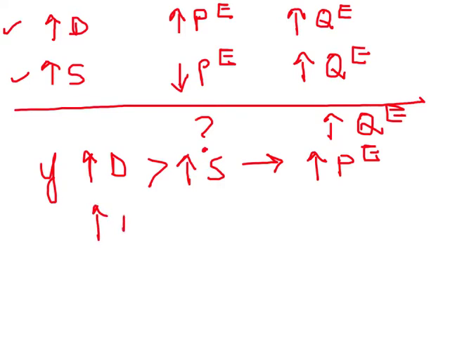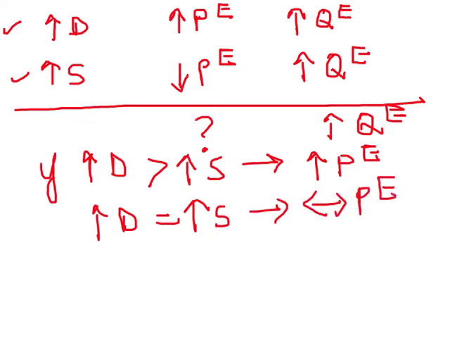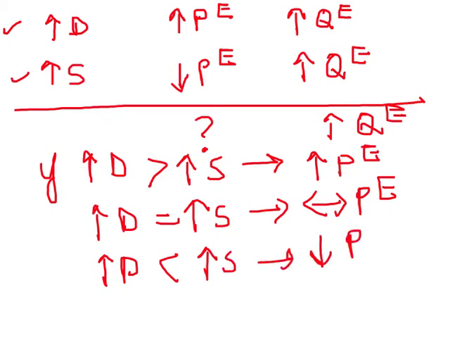If the extent of increase in demand equals the increase in supply, they will cancel out each other and we would have no change in equilibrium price. And if the increase in demand is less than the increase in supply, in such a case we would expect a decrease in equilibrium price.